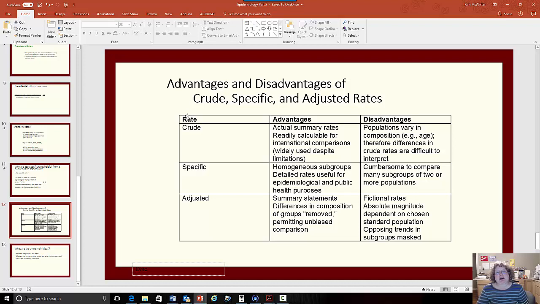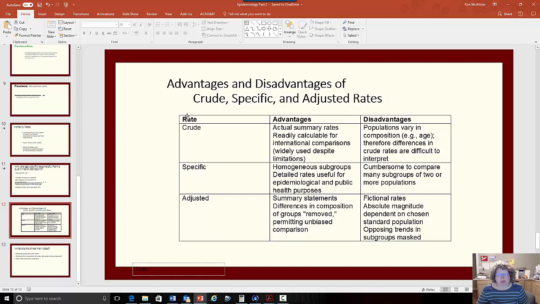The disadvantage is that populations can vary a great deal in ages. It may be that a certain population is disproportionately affected by a disease or by an illness or some type of health event, and so that's not always shown in a crude rate.